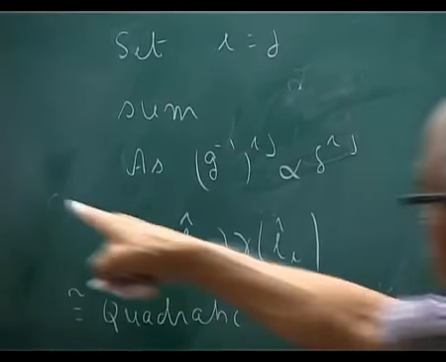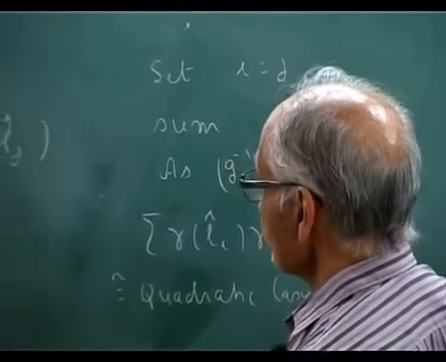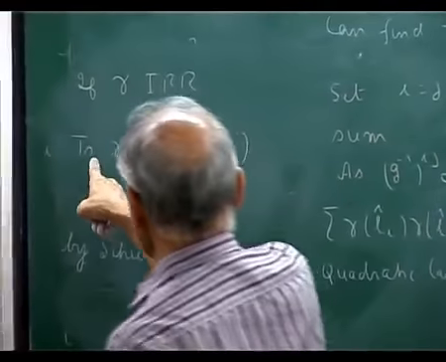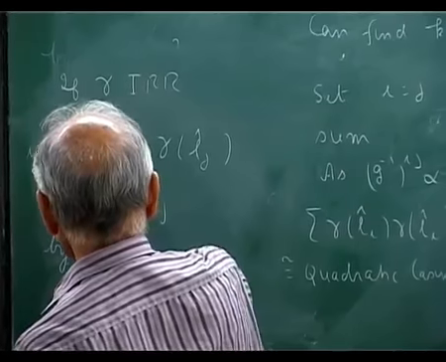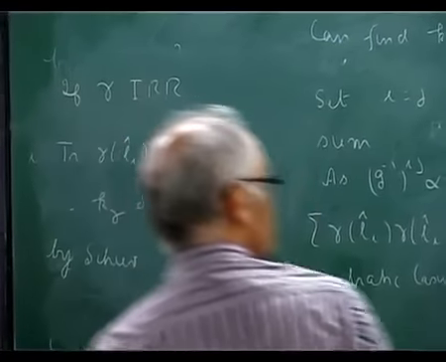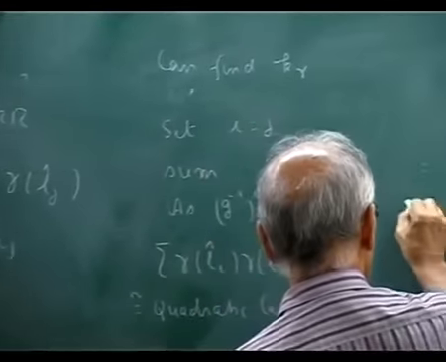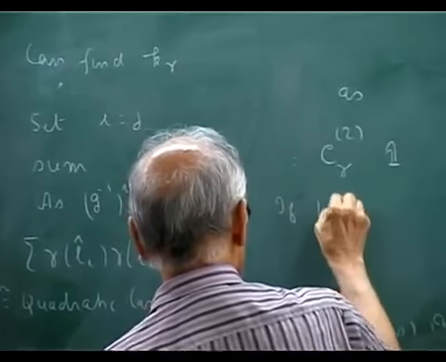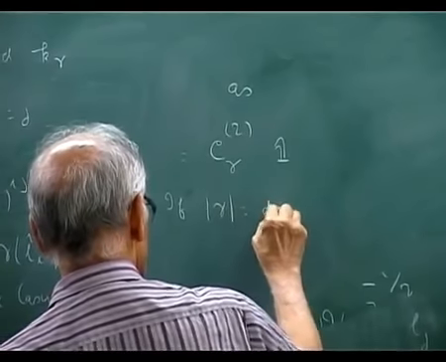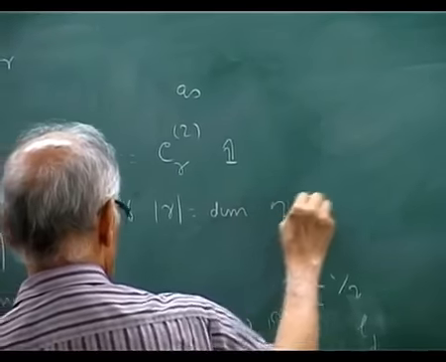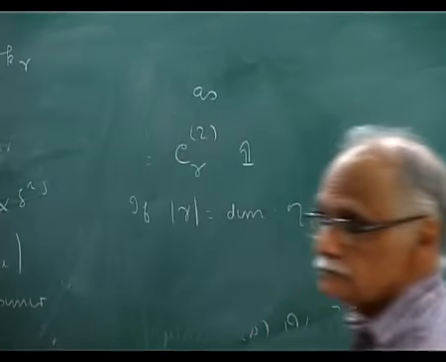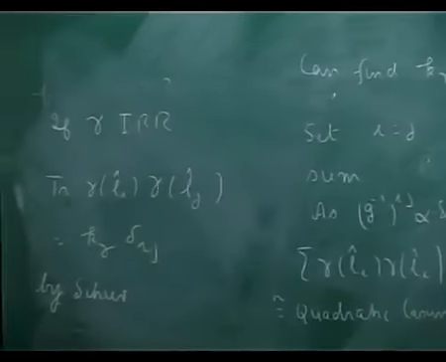So I put it here. This is a trace in the representation gamma. If d gamma is the dimension of gamma, then the trace of 1 is d gamma.